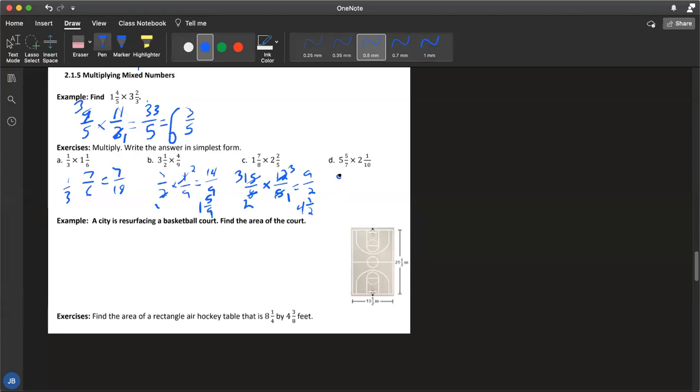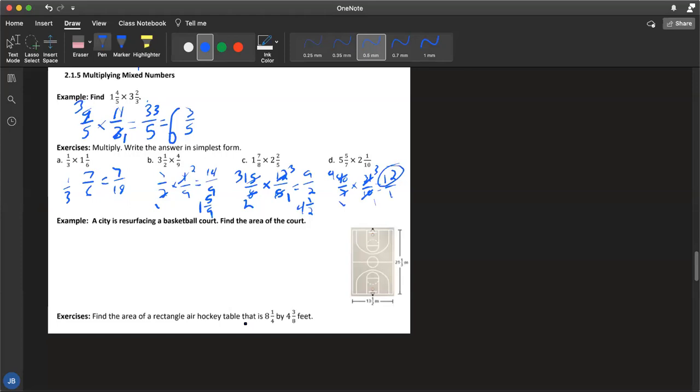So we get 40 over 7 times 21 over 10. This is a 1, and this becomes a 4. 7 goes into 21 3 times. Left with 12 over 1, or just 12.